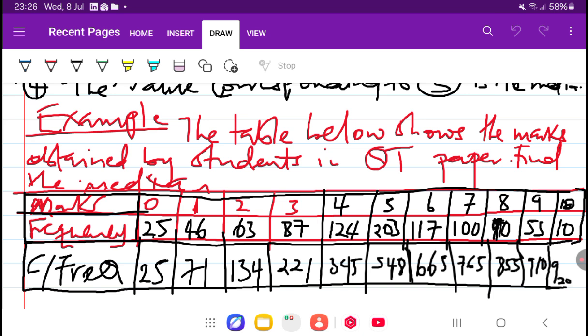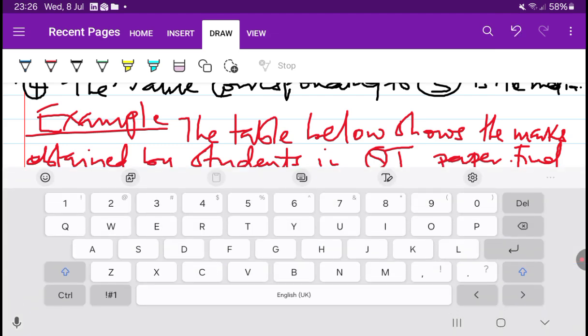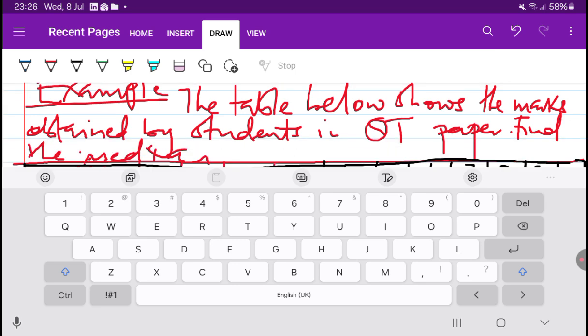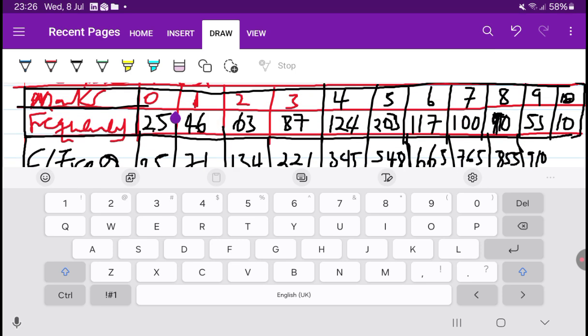This is 1, 2, 3, 4, 5, 6, 7. They are 11, because even 0 is inclusive. So they are 11.